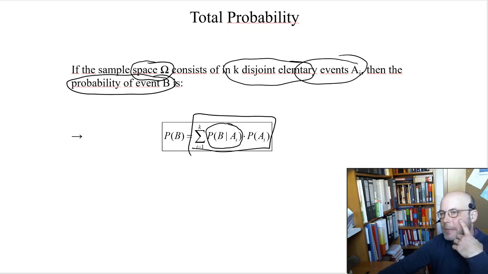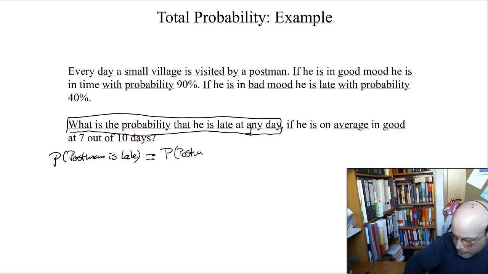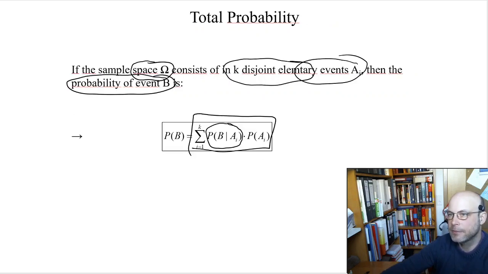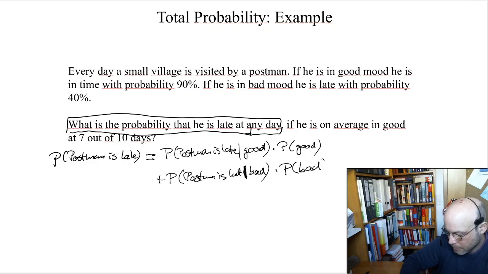These are our two elementary events. And then we have P of postman is late, conditional on good mood, times the probability to be in good mood, plus P of postman is late conditional on bad mood times P of bad mood.